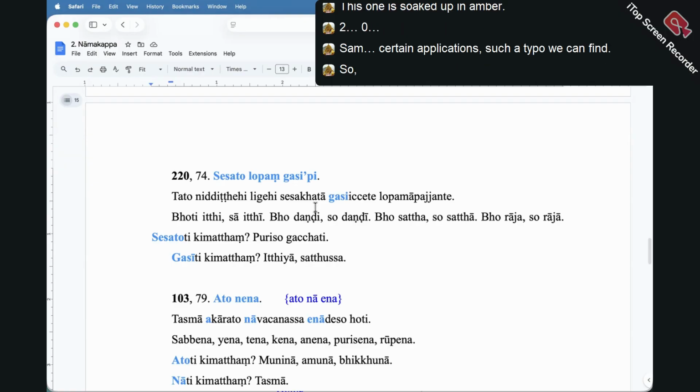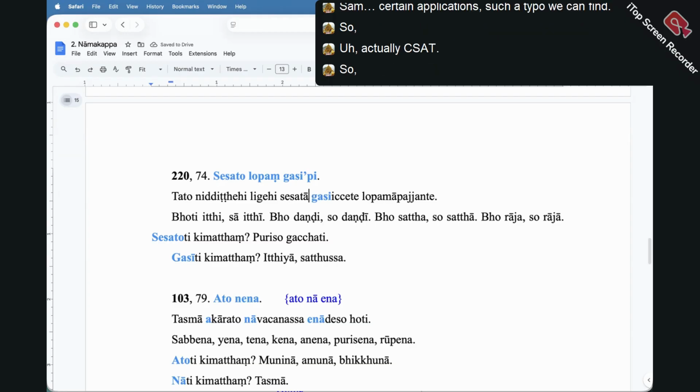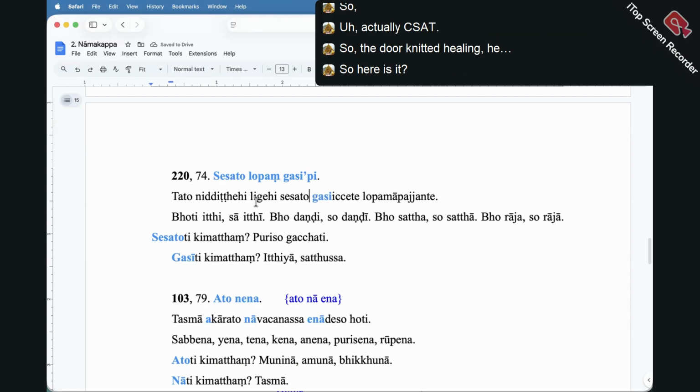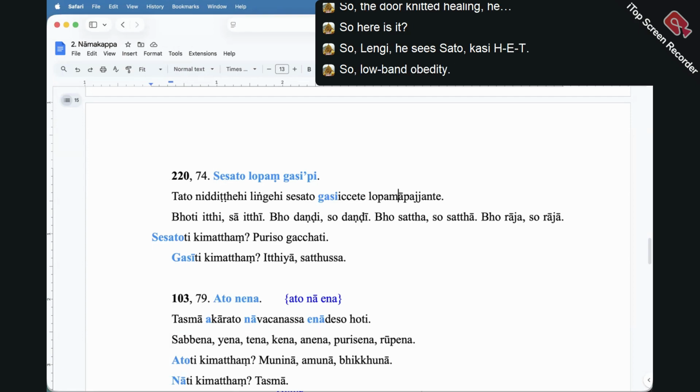So actually si sato. So the don linge he. So here is so linge he si sato kasi ejete. So lo ban abijete. So lo ban abijete. So after the other. Okay.